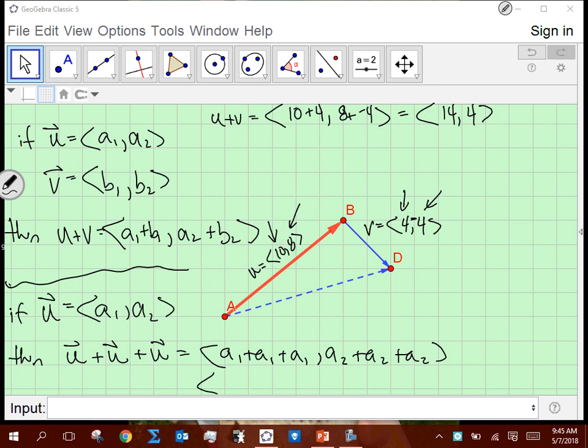How many a1s do you have there? So you have 3 a1s, comma, 3 a2s, right?